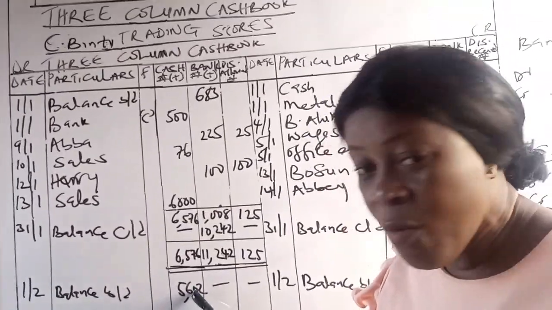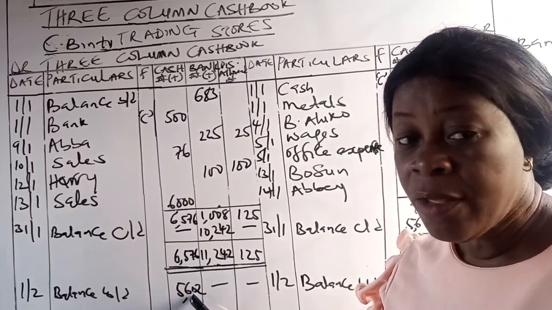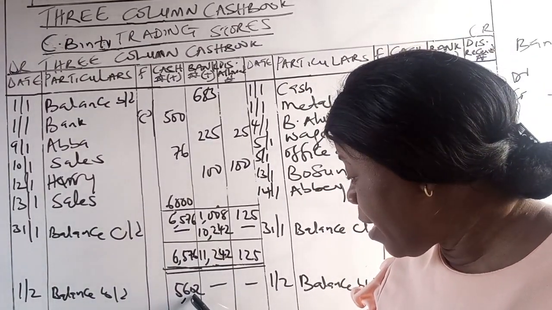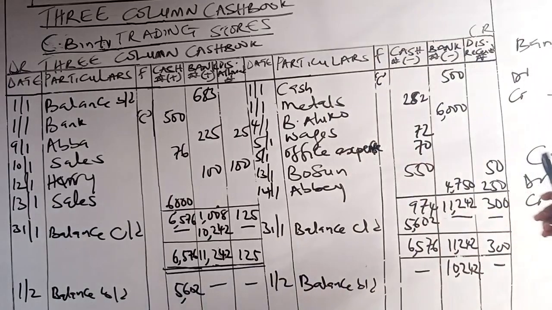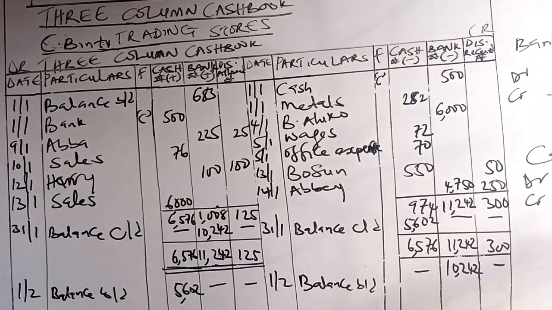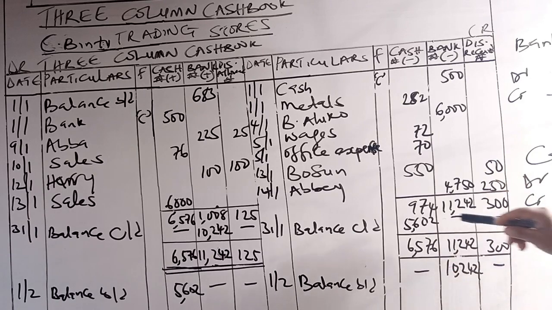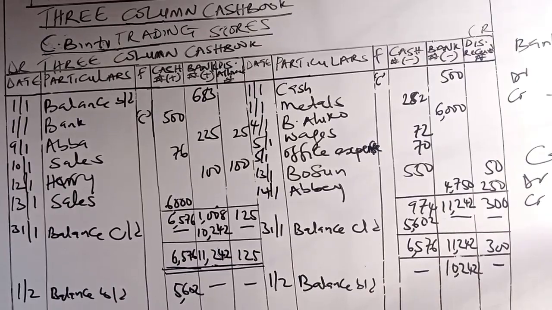The cash column has a debit balance, meaning there was excess. The total of the debit side of the cash, which means inflow of cash, is more than the outflow of cash. The outflow of cash was 974 naira.